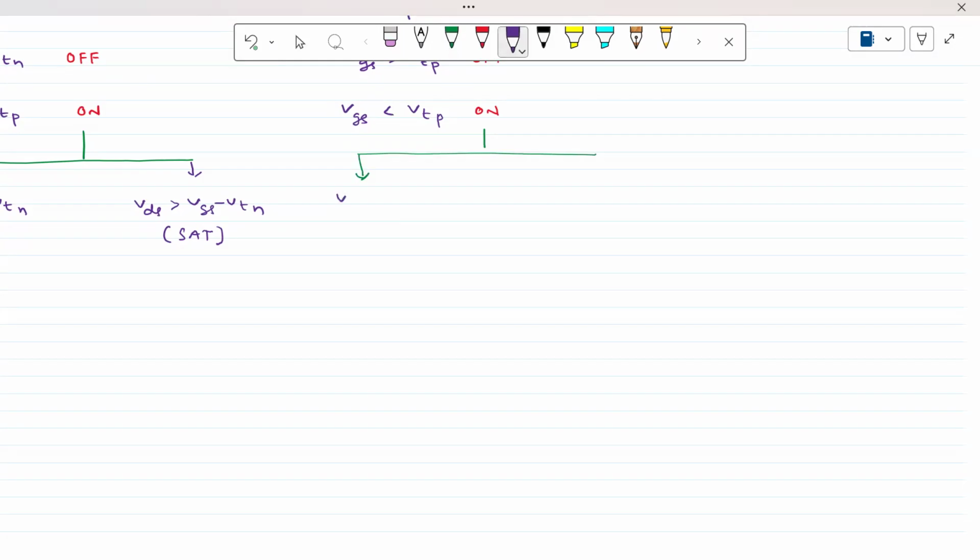This is opposite. When VDS value is less than VGS minus VTP, then it is said to be in saturation. Whereas when VDS value is greater than VGS minus VTP, then it is said to be linear.